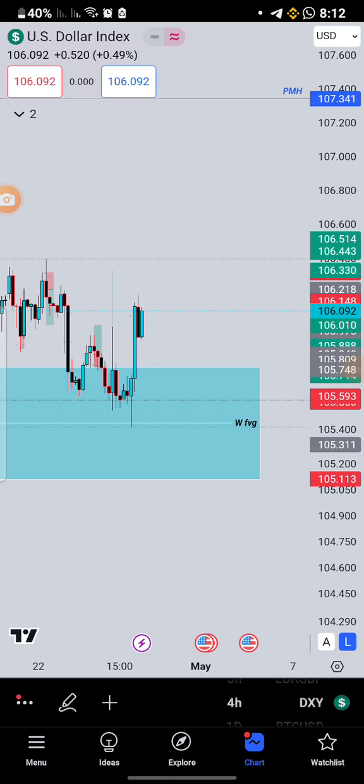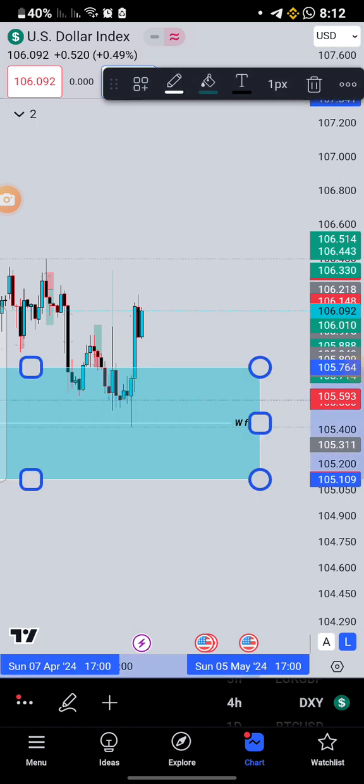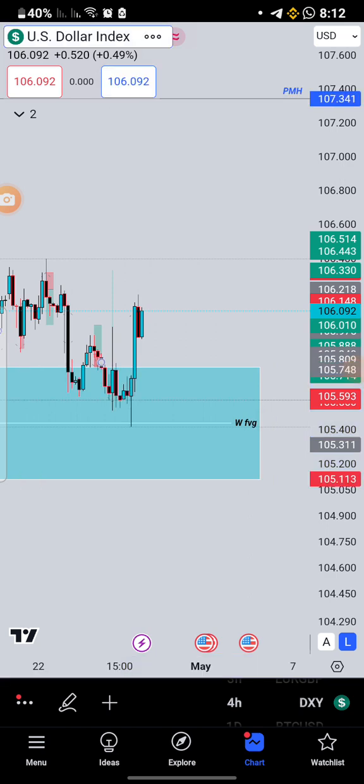Number one, usually I want to see that we are in a key level. And where is my key level? The key level is this weekly fair value gap. After I've confirmed we are inside a key level, I want to see sell side liquidity being grabbed, right?